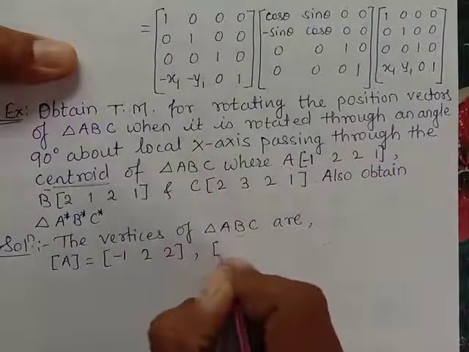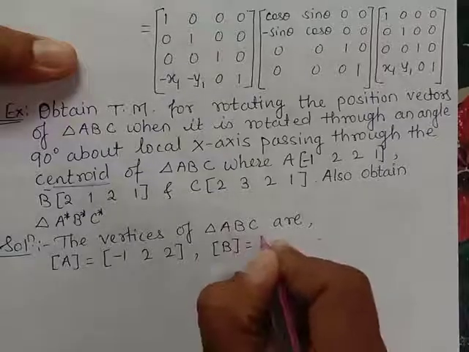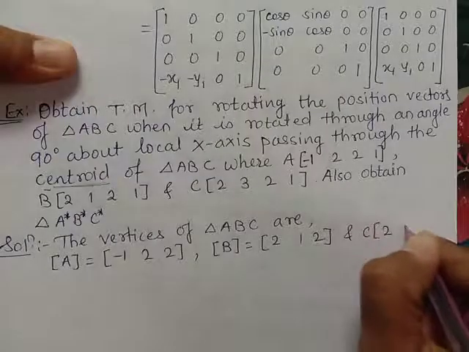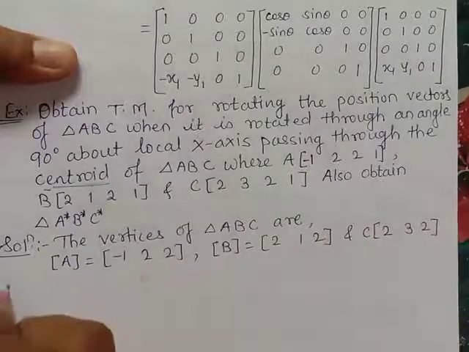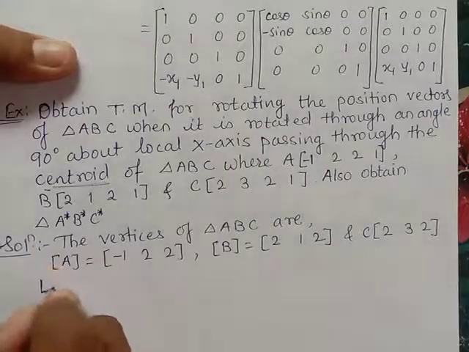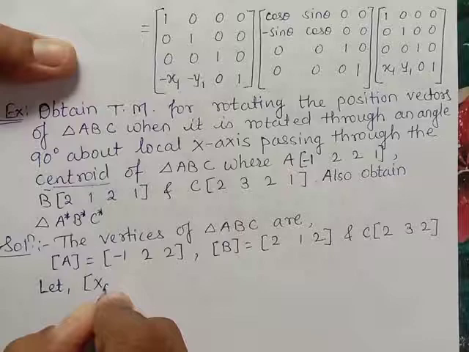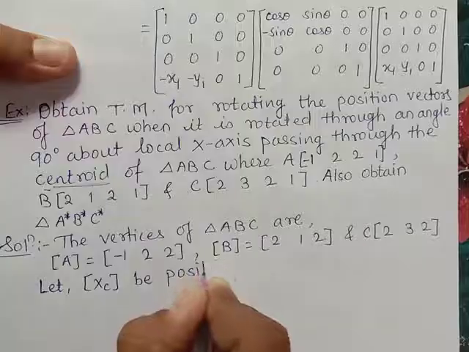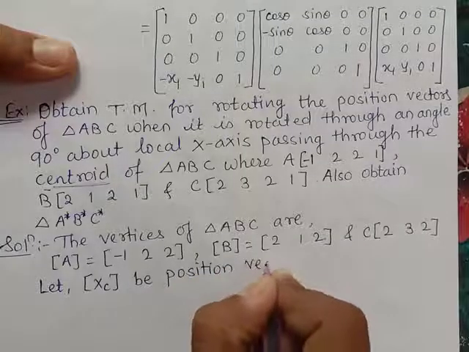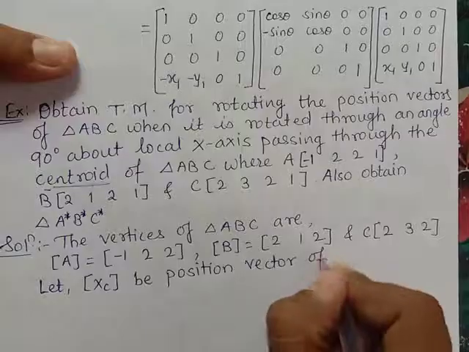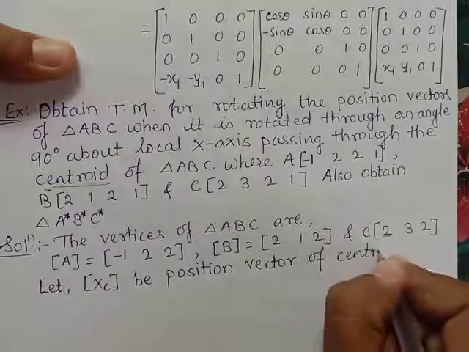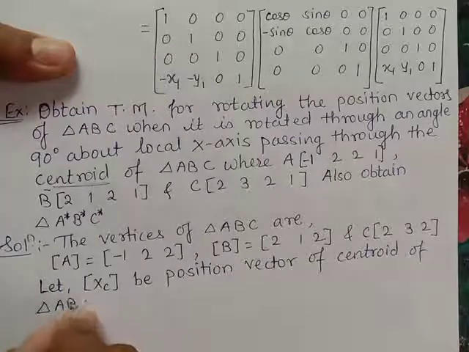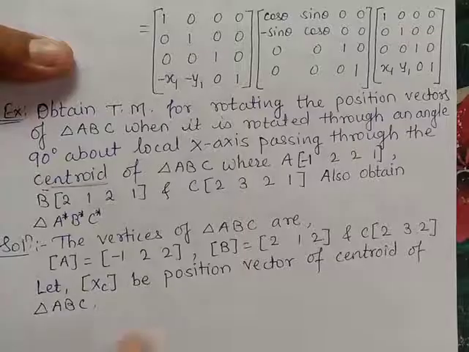B is (2, 1, 2), and C is (2, 3, 2). Fine. Let XC be the position vector of the centroid of triangle ABC.